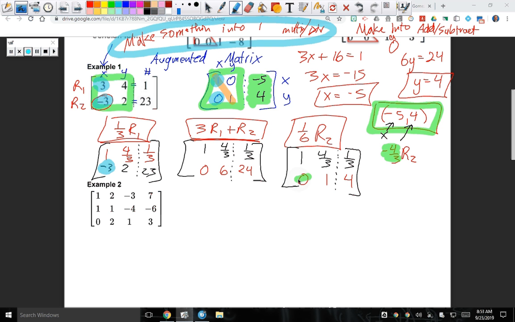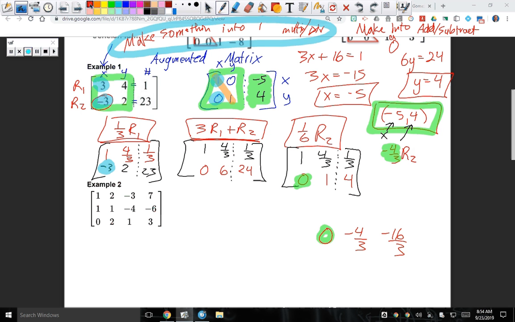Negative 4/3 times 0. So here we go. Negative 4/3 times 0 keeps the 0. Negative 4/3 times 1 is a negative 4/3. Are you with me? And then what's the last one going to be? Negative 16/3. This right here is row 2 times negative 4/3. And what I'm going to do is I'm going to add it with what?